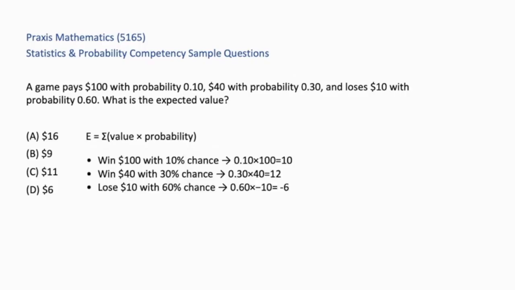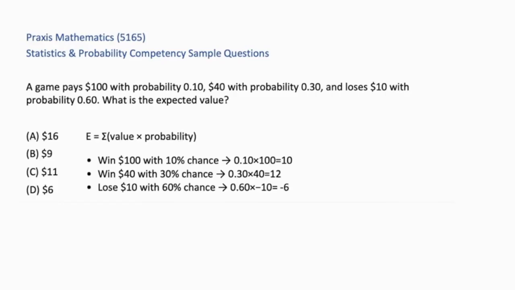Imagine a game with three possible outcomes. Win $100 with 10% chance. That's 0.10 times 100, which equals 10. Win $40 with 30% chance. That is 0.30 times 40 equals 12. Lose $10 with 60% chance.